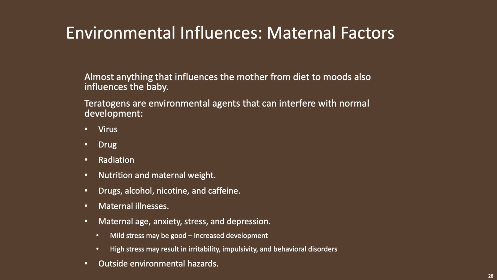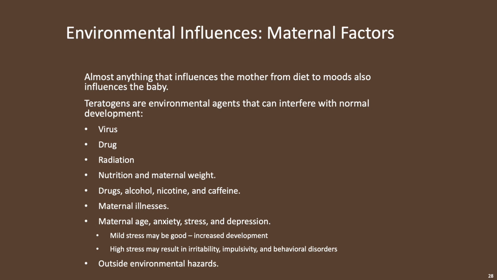There are environmental influences that can impact the fetus, and most of these are maternal factors. Almost everything that influences the mom, from her diet to her moods, also influences the baby. It is one of the reasons we care a lot about teratogens, which are environmental agents that can interfere with normal development.